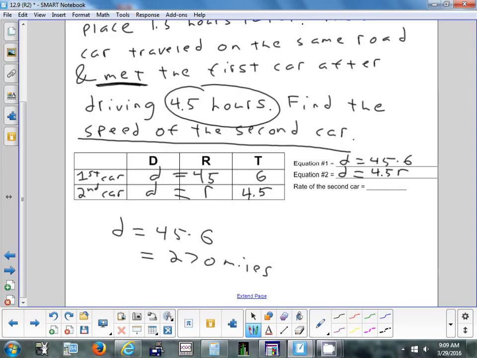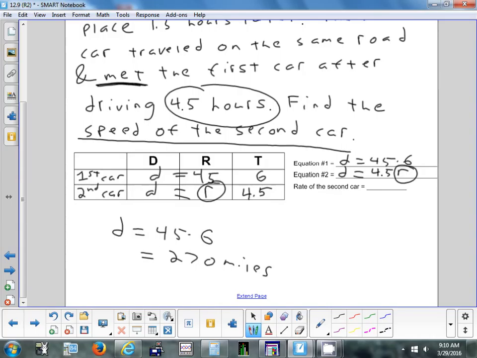Okay. Is the question, how far did the cars drive to meet up? Corey? Is the question, how far did the cars drive to meet up? No, what is the question asking? Find the speed of the second car. Okay? We want to know the speed.